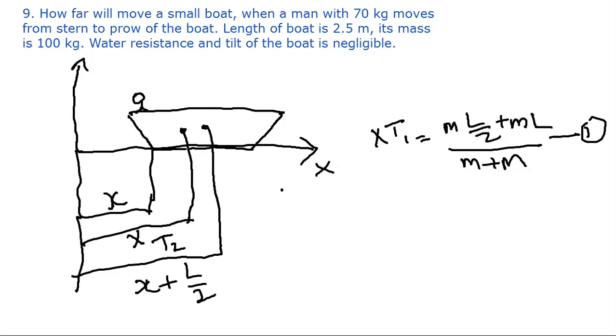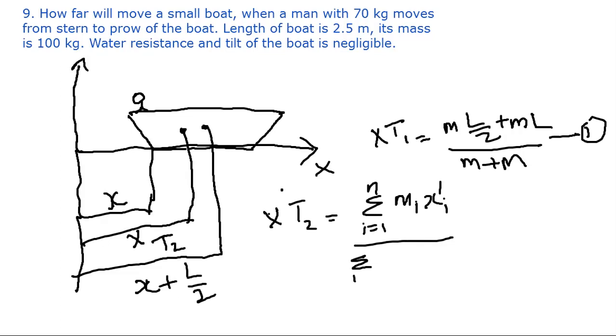So in that case, we can find the new center of mass xt2, like in the previous case. Xt2 is equal to sigma i equal to 1 to n mi, in this case xi prime, divided by sigma mi.